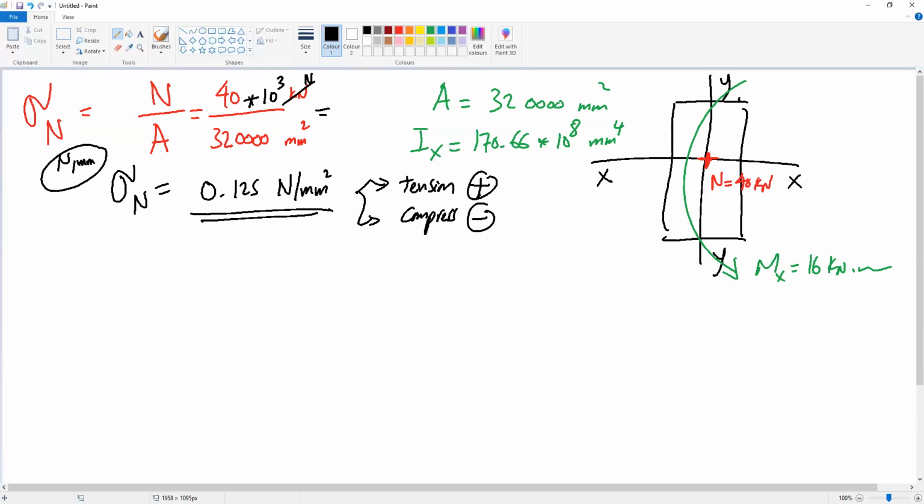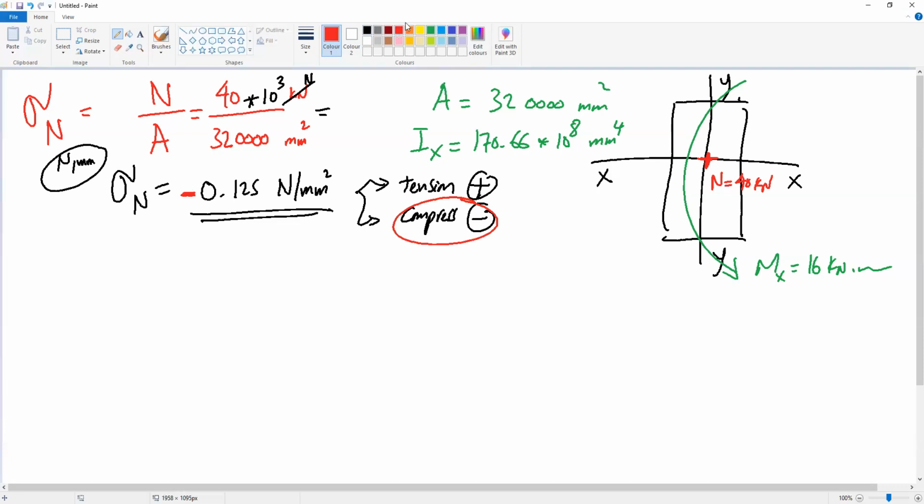Okay, this force is going downward, pushing the section, going into the section. So this force is compression. That's why this stress is negative. So the stress due to N here is negative.